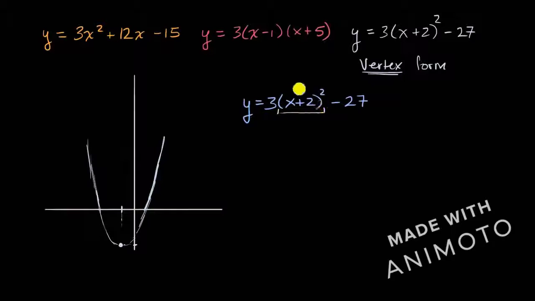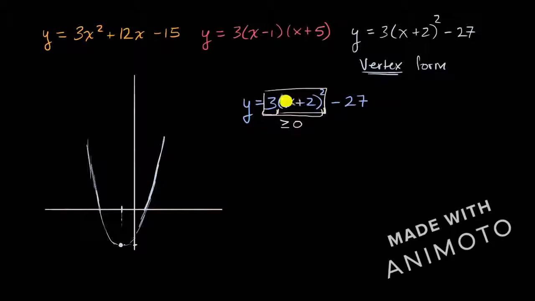And so if this is never going to be negative, and we're multiplying it by a positive, this whole thing is going to be greater than or equal to 0. So another way to think about it, it's only going to be additive to negative 27. So your minimum point for this parabola is going to happen when this expression is equal to 0, when you're not adding anything to negative 27.